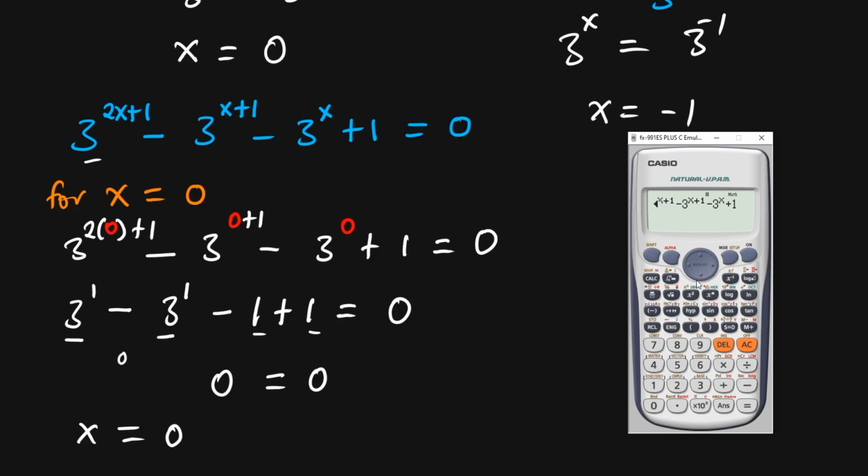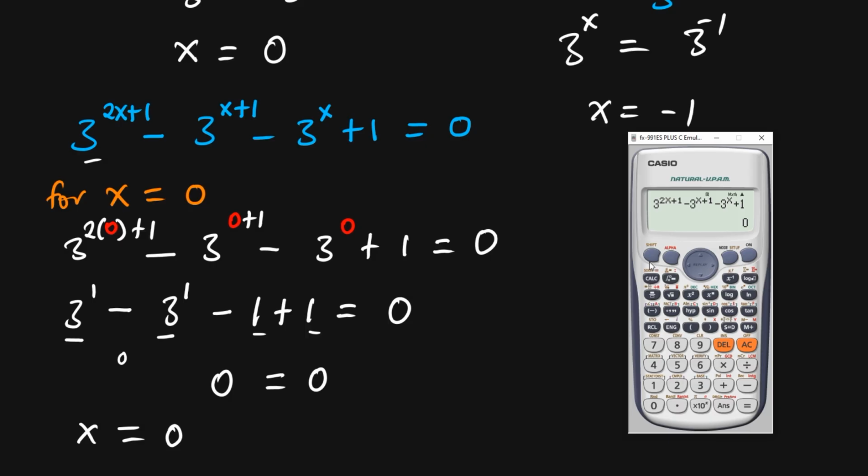This should give us a 0 for every valid value of x. So you go to CALC, and we are asked for the value of x. For this instance, it was 0. So we should get a 0.